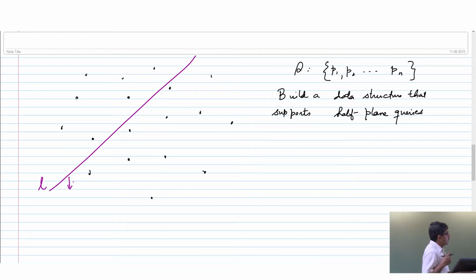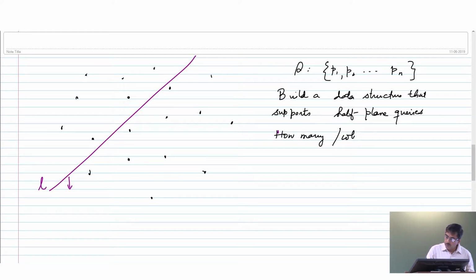Below means the one that contains y equal to minus infinity, above is plus infinity. Okay. So, it could be either how many or which points, which ones lie below a query line.